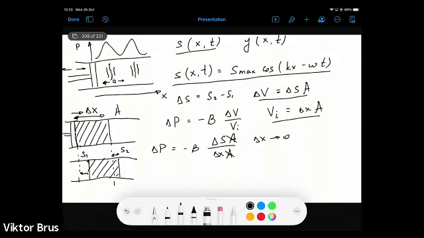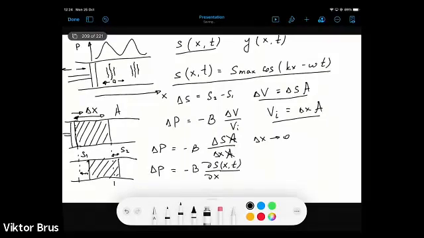then we can write that delta P is equal to minus B times the partial derivative of the displacement over position X. So we keep in mind that this displacement is the wave function, which is a function of position X and time t.